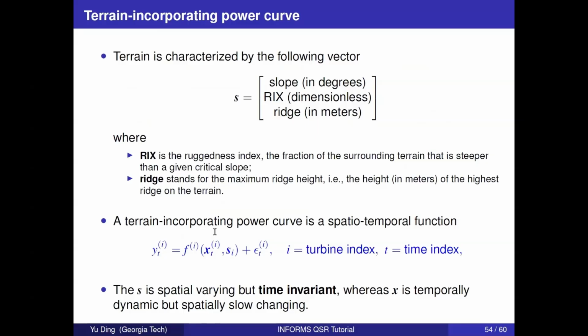So technically speaking, a terrain-incorporating power curve should be a spatial-temporal function, right? The previous power curve is always a function for a turbine-specific production. But if you want to incorporate the terrain, you have the S term, which is a spatial term. It only changes with different locations. It doesn't really change over time, okay?